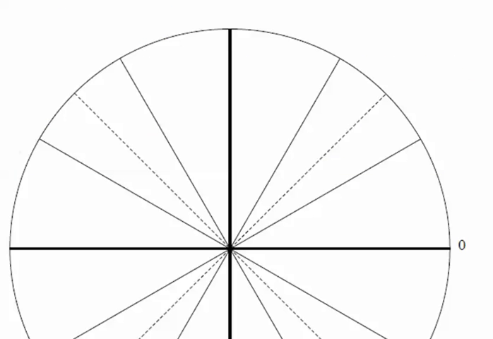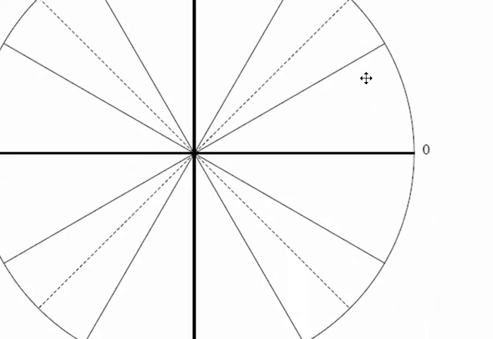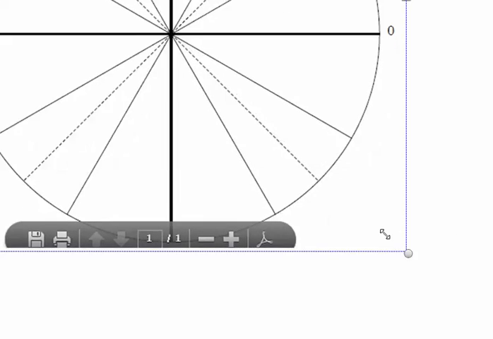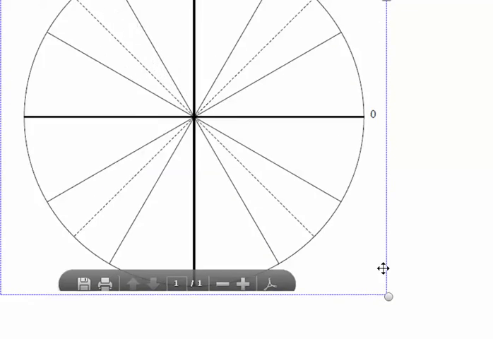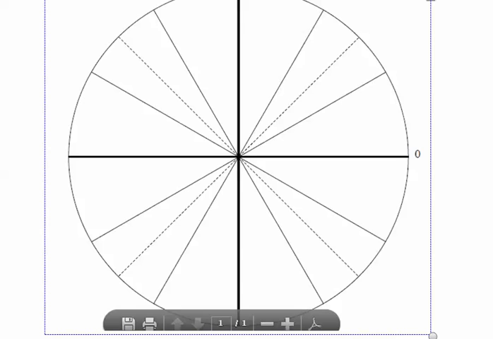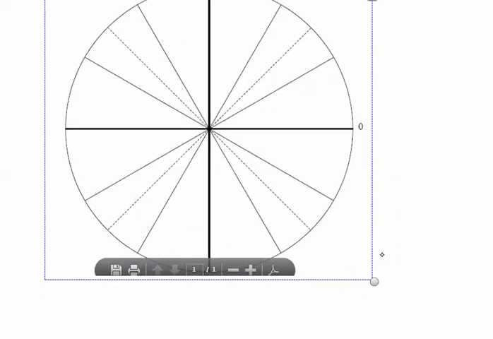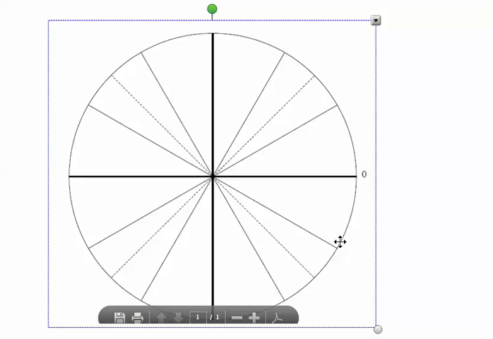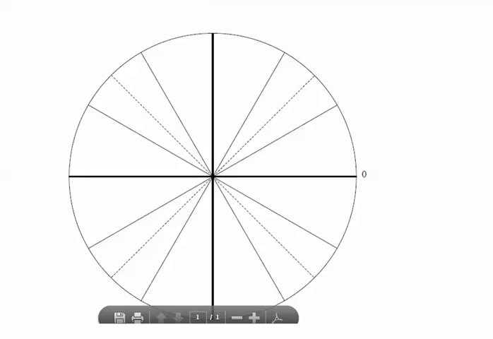So let's take a look at that. Oh, it's too large. I need to shrink this so we can see it better. Okay. So when we think about going one full circle, that's 2 pi radians.